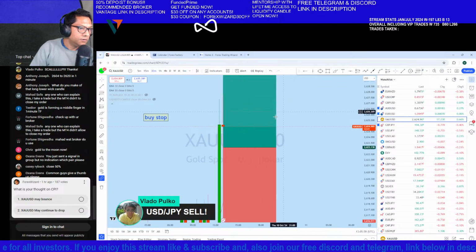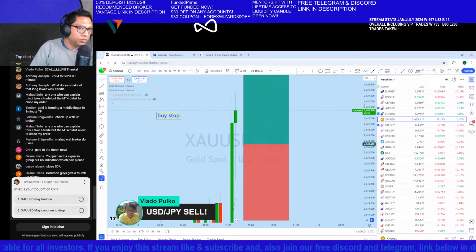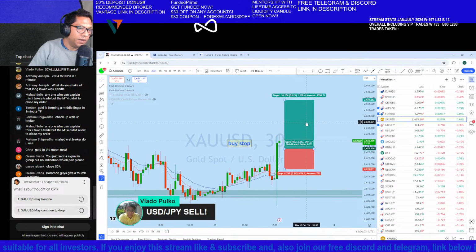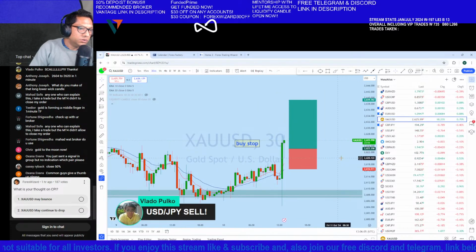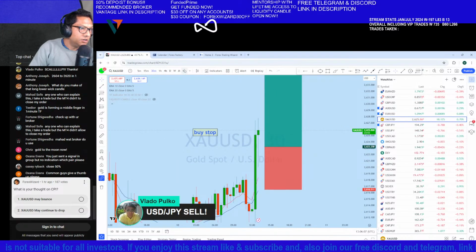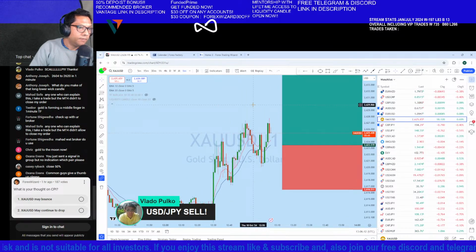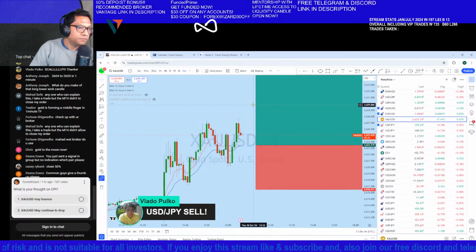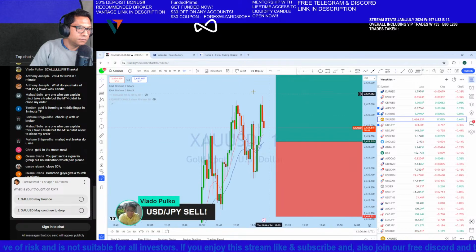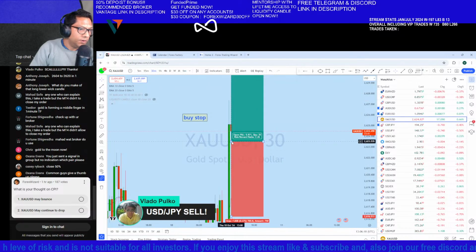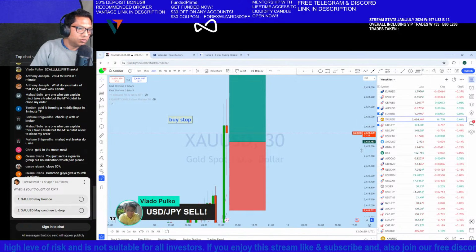30 minutes again. I really want to see this candle managing to bounce, and that's what is needed for potential trend continuation. If it's not doing that, then we might see that the market is not trending.